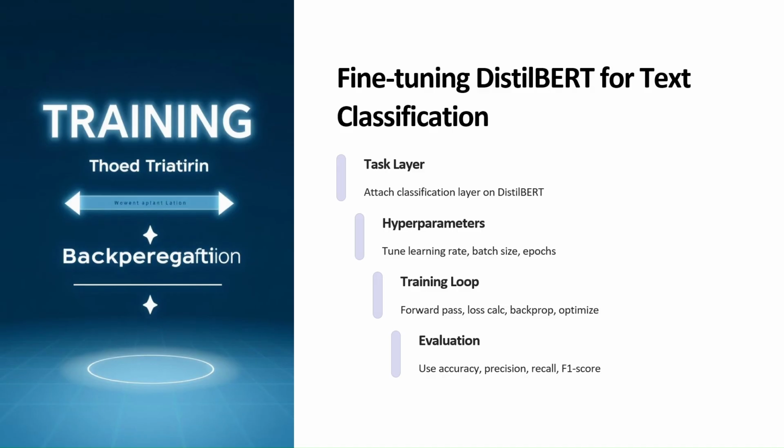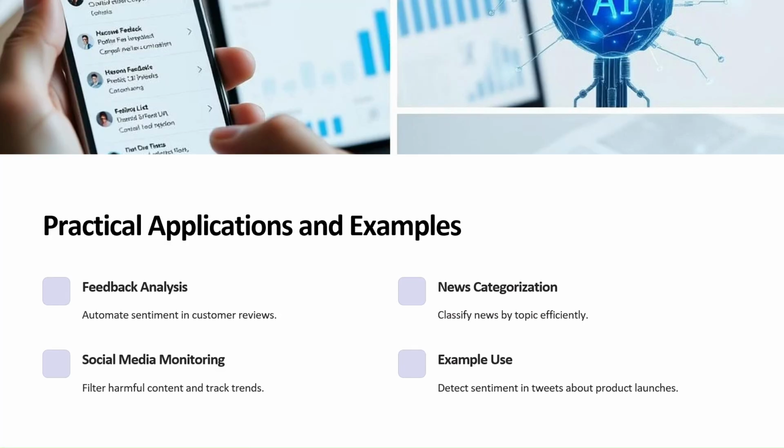Epochs means the number of times the device will run the code to get a more accurate output. Then the training loop: forward pass, loss calculation, backprop, optimize, and evaluation. We will get the accuracy, precision, recall, and F1 score.